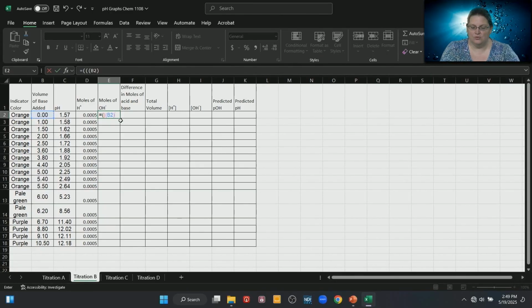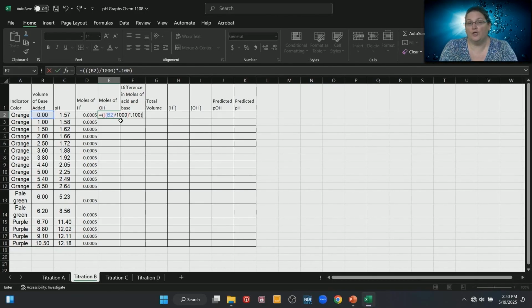Then we're going to tell it to divide that number by 1,000, and then we're going to close that one off. Then we're going to tell it to multiply our value by our concentration, which in this particular case is 0.100. We did the standardization of sodium hydroxide in a previous lab.